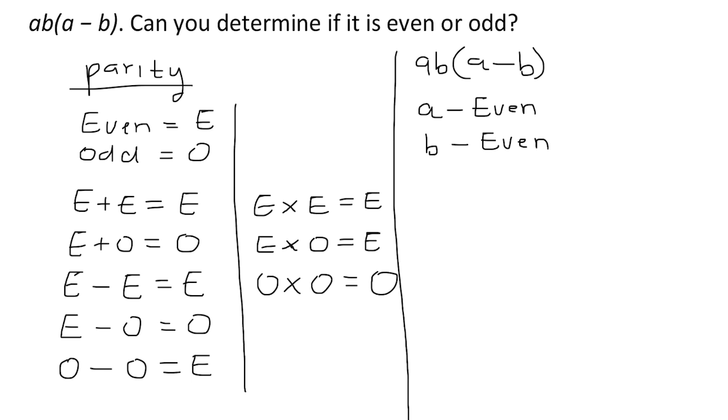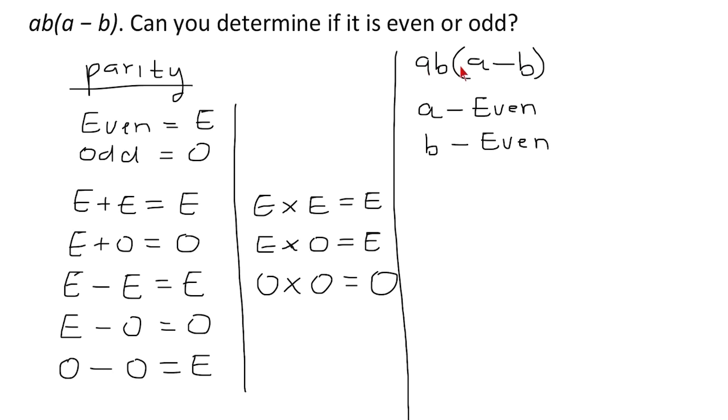So if any of a and b is even, the whole number is even. Okay, now let's look at the situation where a is odd. So if a is odd and b is even, this will still be even because we are multiplying the odd number a by the even number b. The same thing if b is odd and a is even, then the whole thing will still be even. So if either a or b is even, then this will be even.